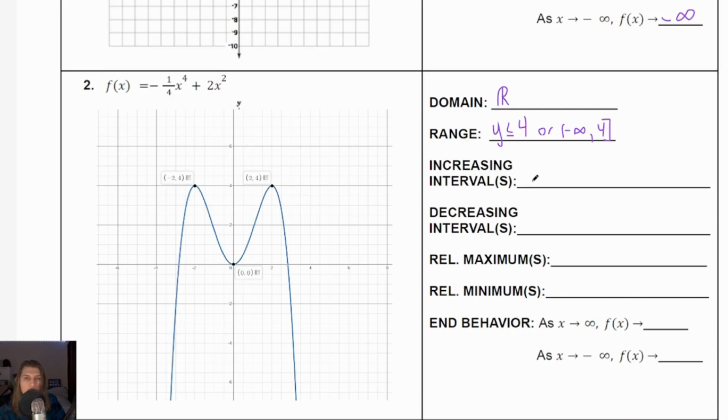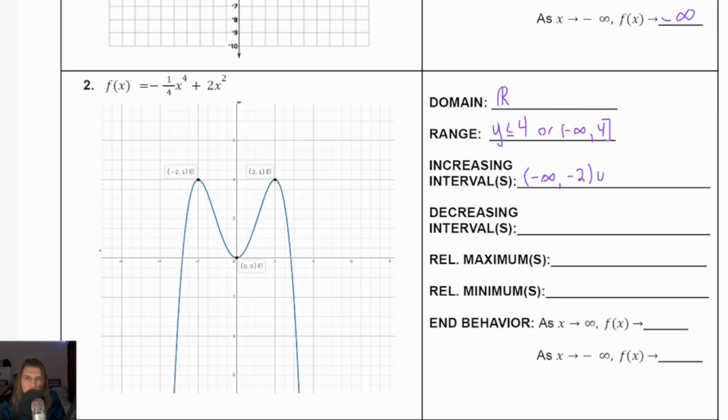So this one has an increasing interval of negative infinity to -2. That's where it's increasing. It is also increasing from 0 to 2.